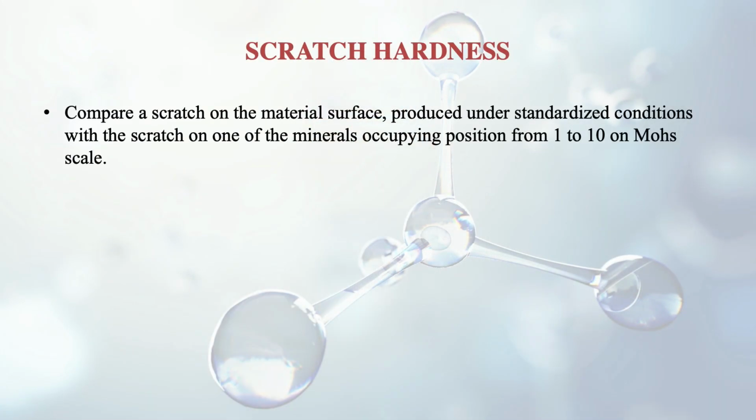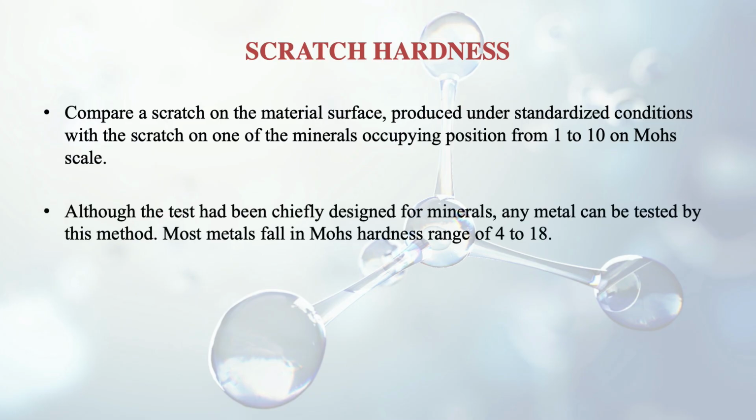Then we compare a scratch on the material surface, which is produced under standardized conditions, with the scratch on one of the minerals occupying position from 1 to 10 on the Mohs scale. This is the procedure. Although the test had been chiefly designed for minerals, we can also do it for metals. Mostly metals fall in the Mohs hardness range of 4 to 8.